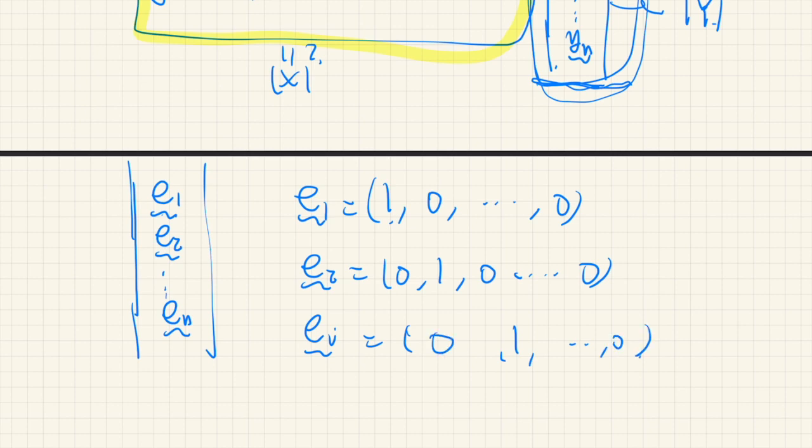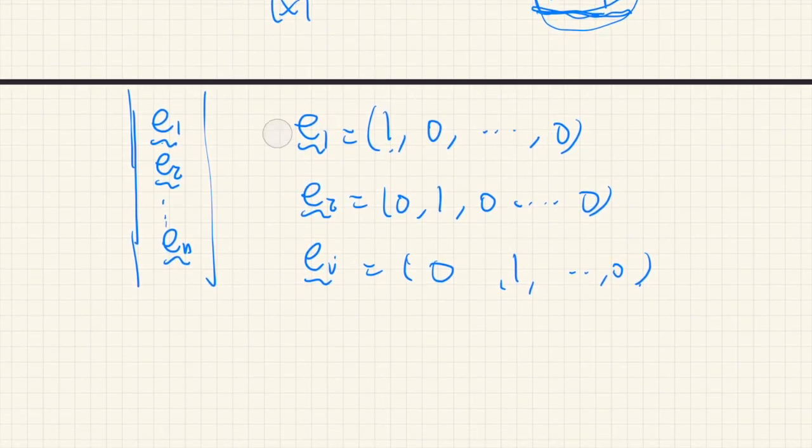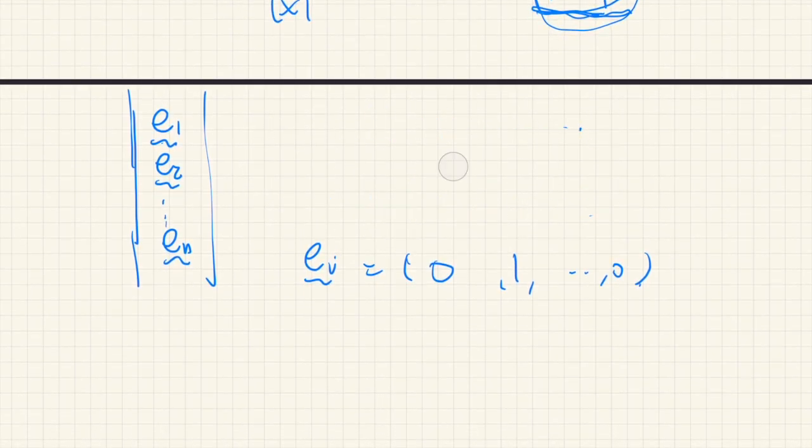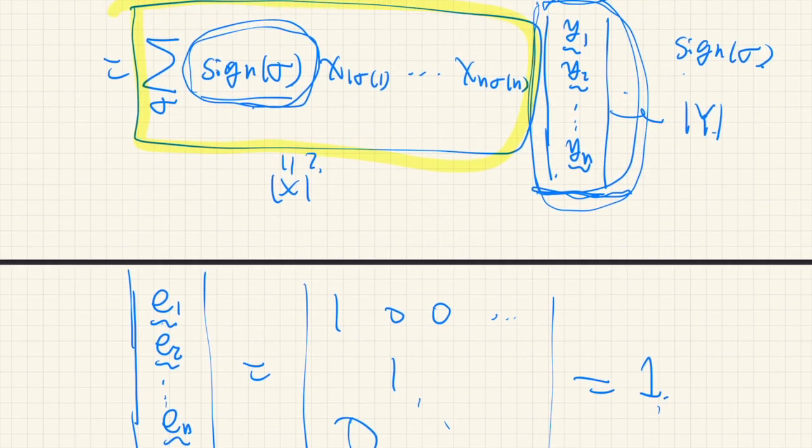Okay. So by using this, this matrix is actually the identity matrix. So 1, 0, 0, and the diagonal elements are all 1, and everything else is 0. And you can check that the determinant of this identity matrix, any identity matrix, is actually 1. Okay. So multiplying by 1 doesn't change anything.